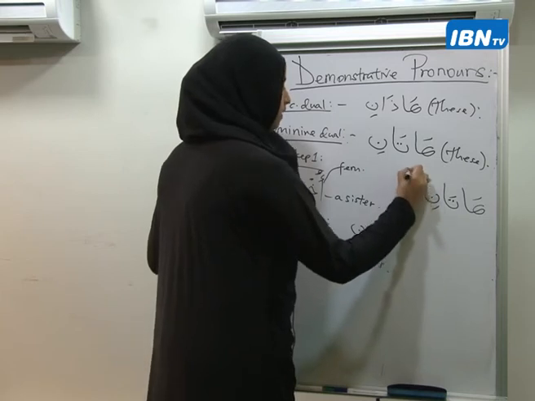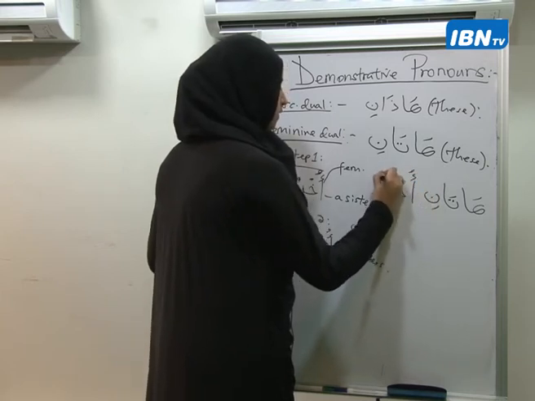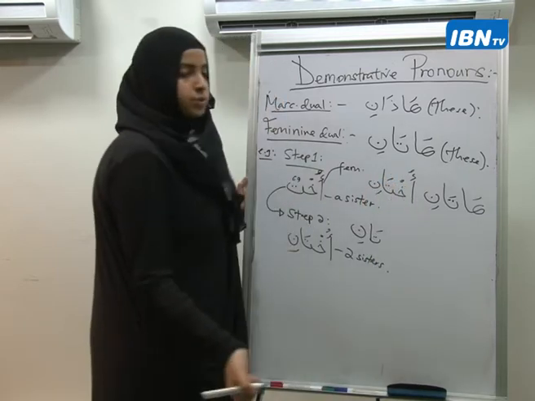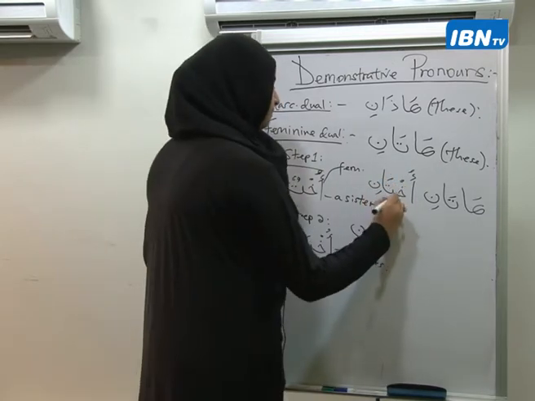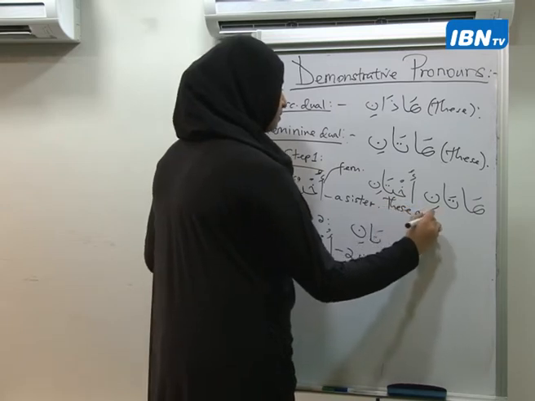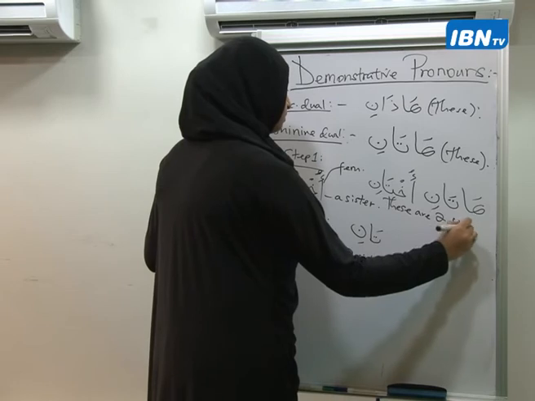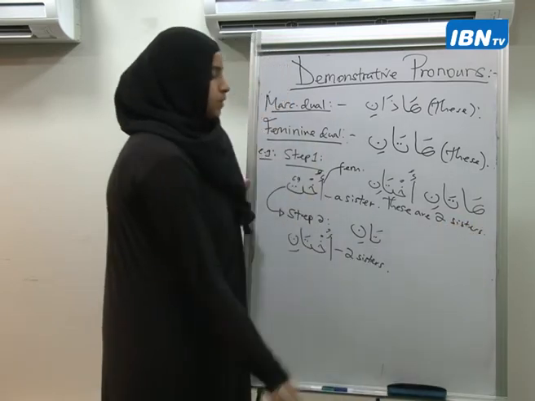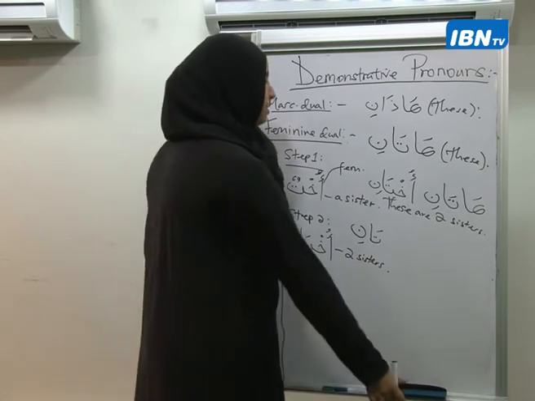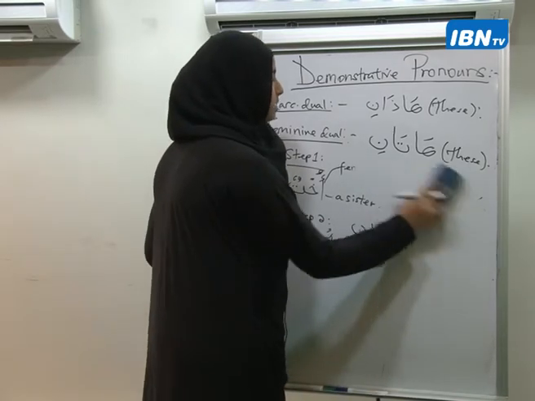Hatani ukhtani. It means these are two sisters. Now we'll look at another few examples to sum up our class.